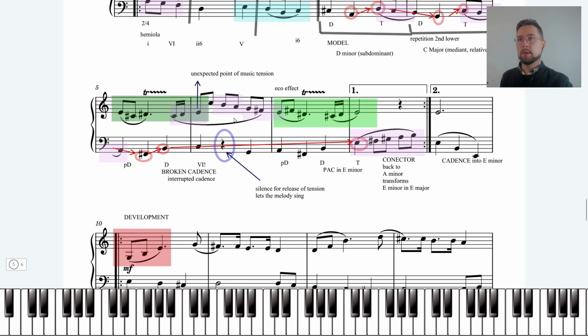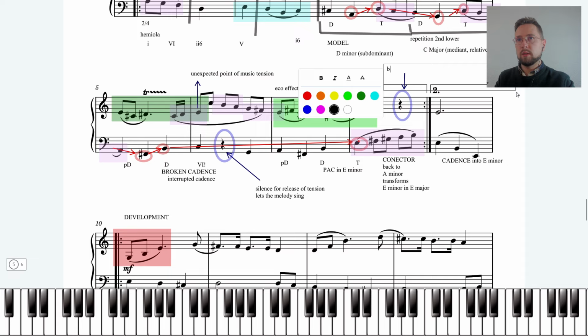It's a little bit similar to the sort of silence you get at the end. It lets the bass sing, right? So when we hear that ending silence, we also get more presence for singing in the bass line. So here the bass line sings.